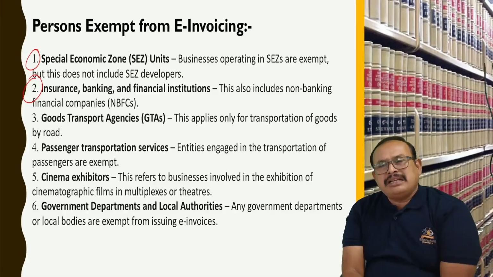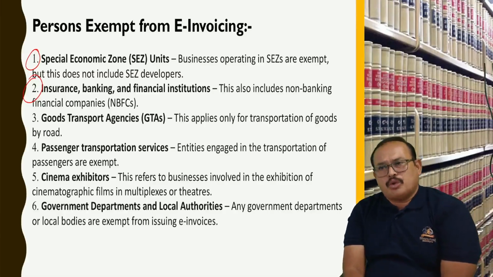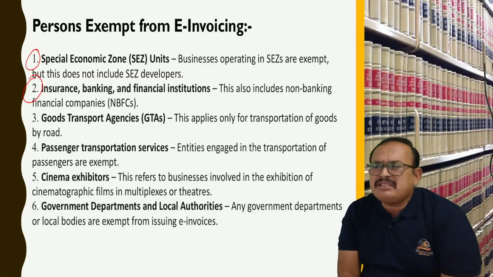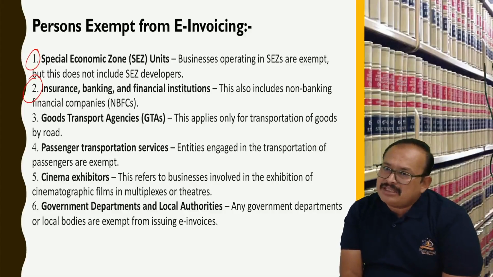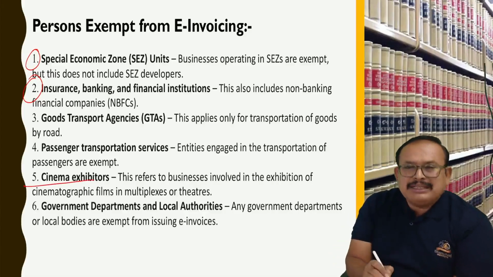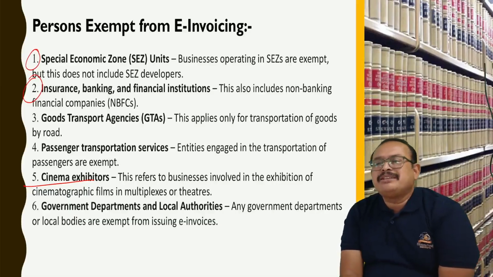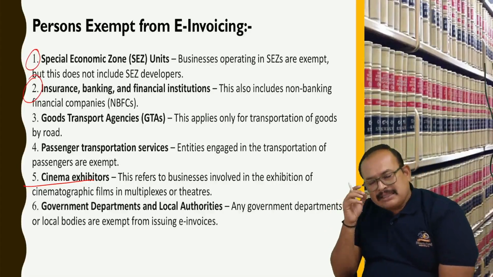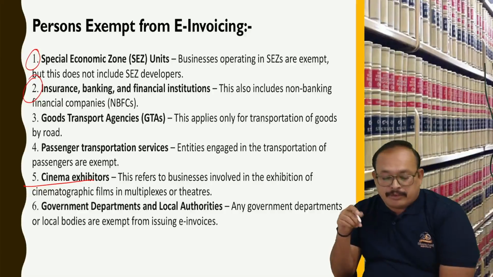Sir, my name is Sharma Travels. My turnover in the previous year is 12 crores. I am in the transportation of passenger sector, sir. E-invoice not applicable, for passengers as well as goods. Cinema exhibitors, multi-screen exhibitors, who sell tickets online, for them too e-invoice is not required irrespective of the turnover.